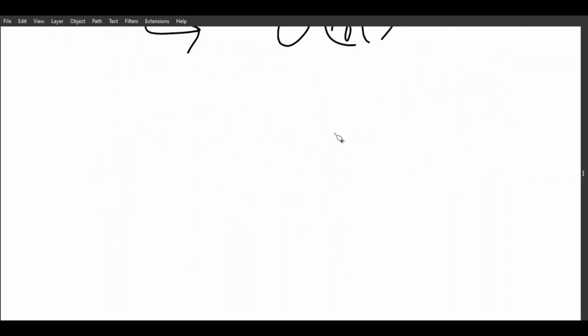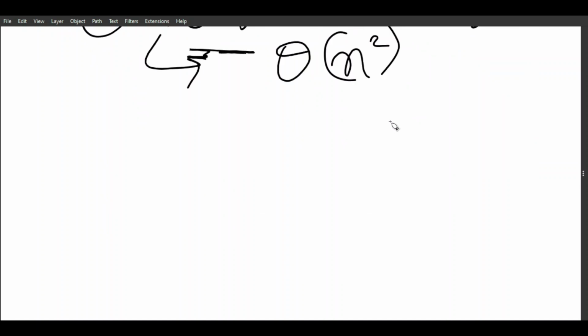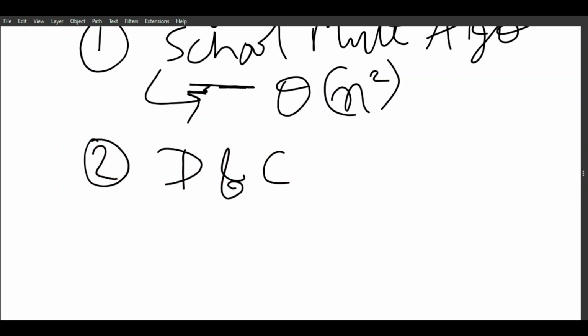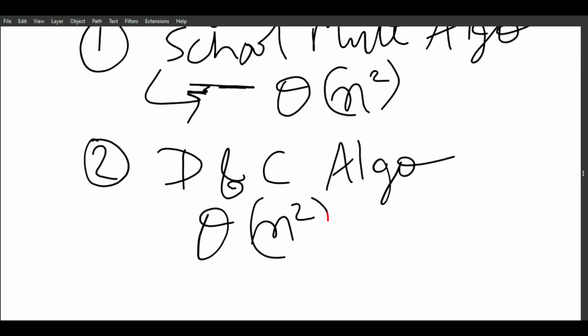Now the second algorithm, the divide and conquer algorithm. Again, this will have complexity big theta of n square. Third algorithm is Karatsuba's.